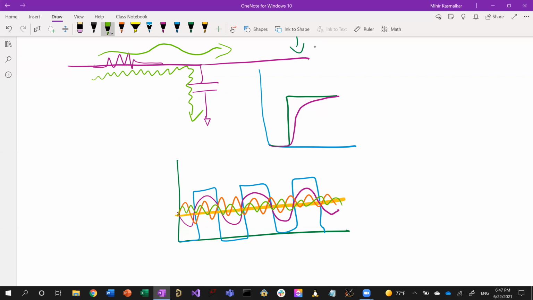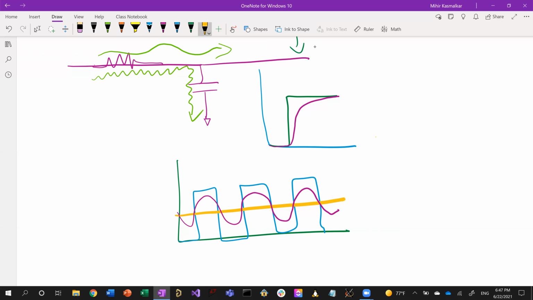Anyway, as you filter out these higher frequencies, you do this process in reverse. You start taking away those higher frequencies, and all of a sudden it starts looking more and more like a sine wave, like this. You just have those rounded edges.